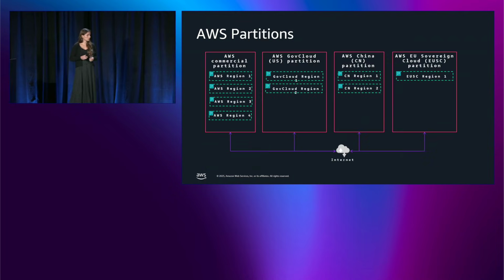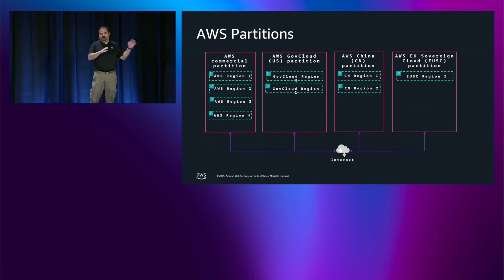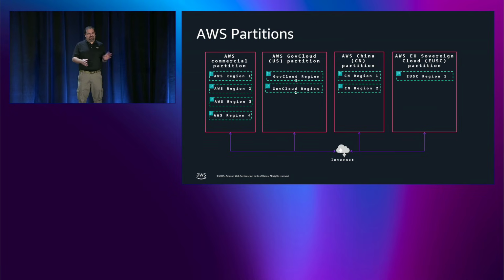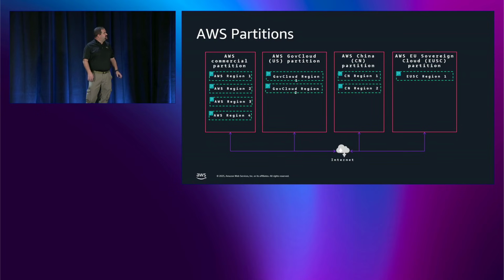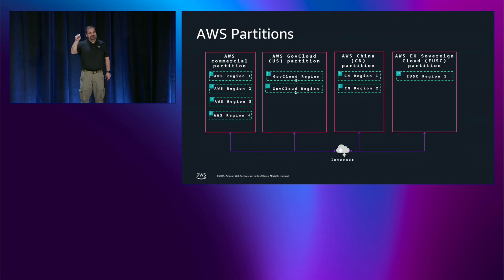So the highest level of abstraction in AWS's global infrastructure is a partition. Most customers don't necessarily need to think in terms of partitions because most customers are working in what we would call the commercial partition. If you look at an ARN, it says arn:aws, that's the partition, so the commercial partition is the AWS partition.